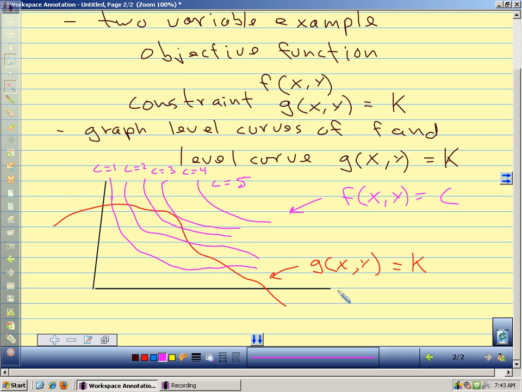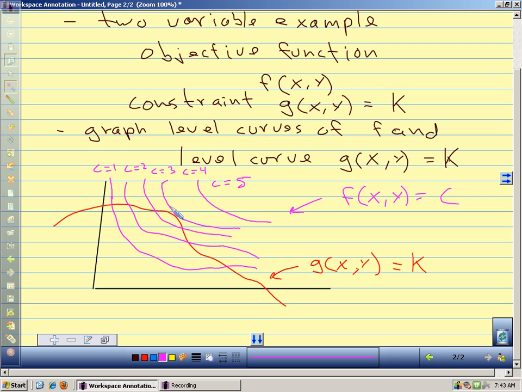Well, where on my sketch is f of x, y maximum on this red curve? When f of x, y equals what? When it's 3.